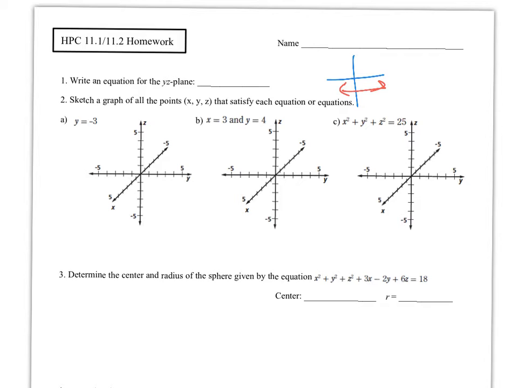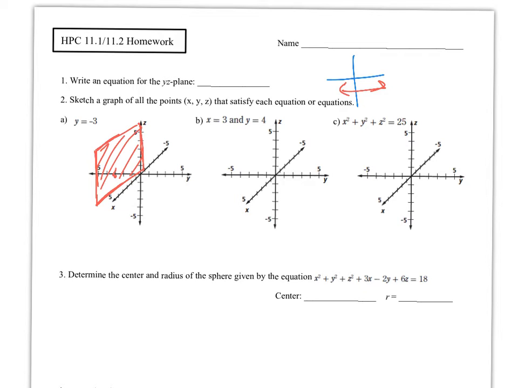It doesn't matter what x is, and it doesn't matter what z is. Regardless of the value of x and z, y is always -3. So that means it's going to be a plane through y equals -3. These are tough to draw, so I usually sketch it as a parallelogram to represent this plane cutting through -3.